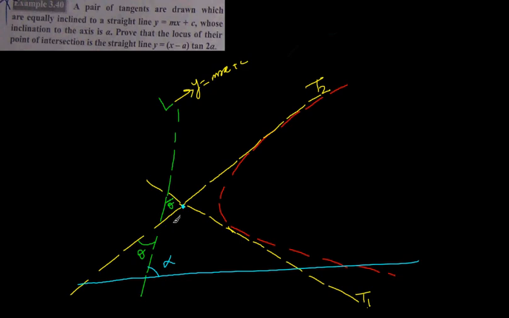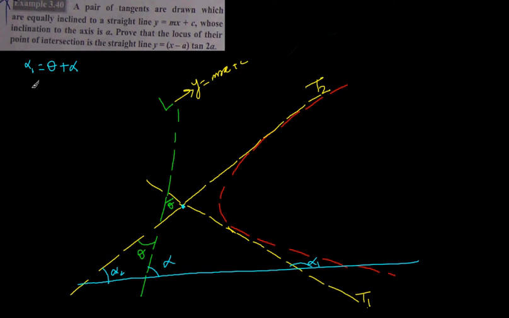That's it. Then take for example for this T1, we have alpha 1. For T2 we have alpha 2. Then by simple geometry, you can say alpha 1 is equal to theta plus alpha, and alpha should be equal to theta plus alpha 2.